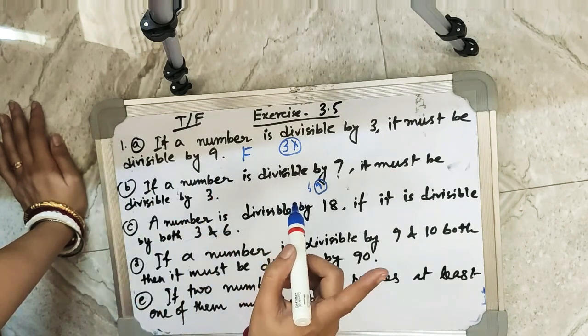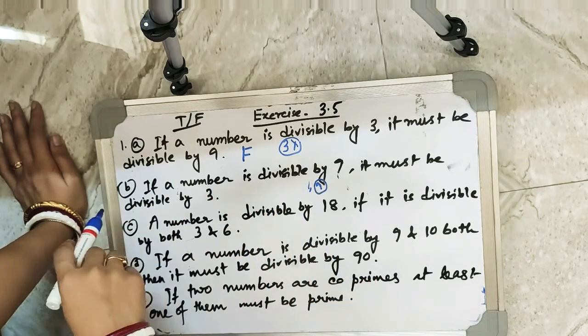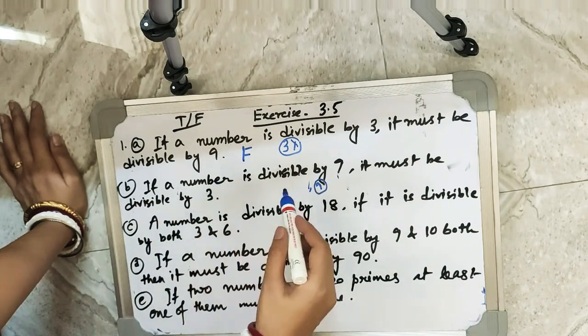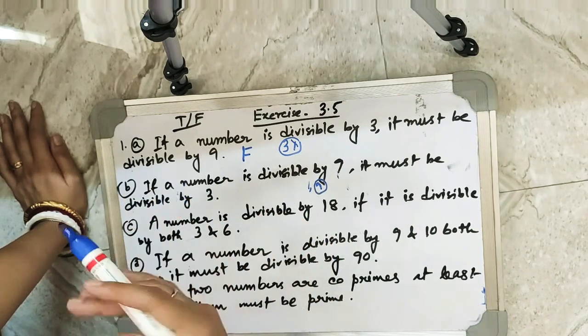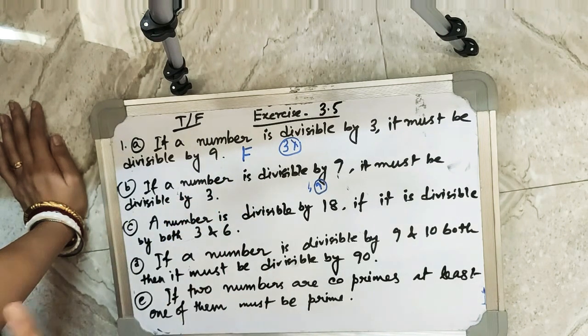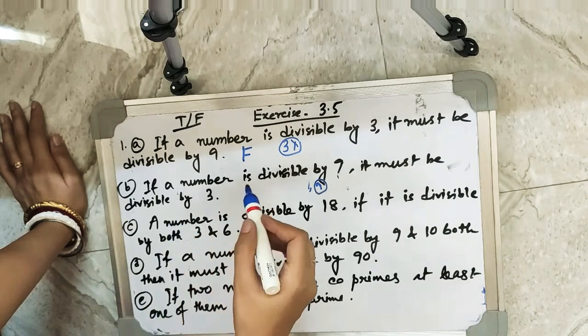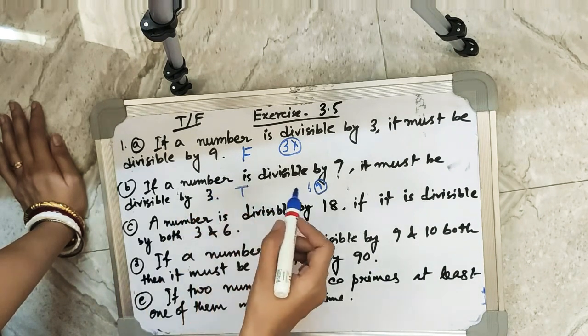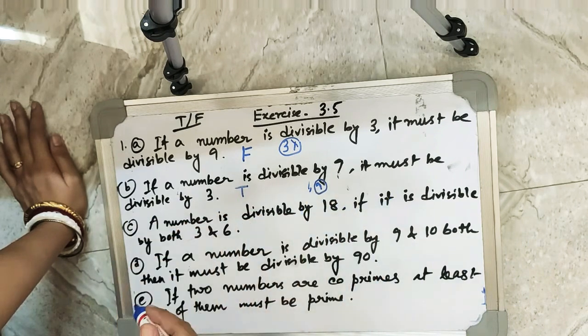Also there is one more logic behind this, that 3 is a factor of 9. As 3 is a factor of 9, all the numbers which are divisible by 9 must be divisible by 3. So the statement that if a number is divisible by 9, it must be divisible by 3 is true.